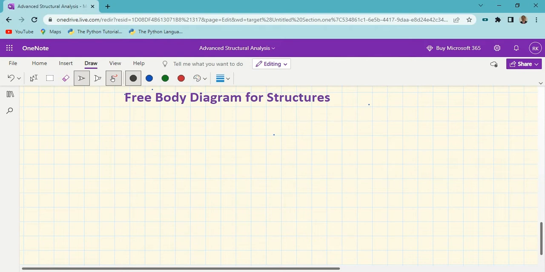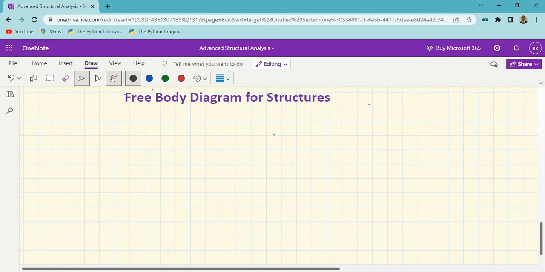If you want to plot correct bending moment diagram, we must ensure that we have plotted the free body diagram exactly according to the method. So let's understand how to plot free body diagram for some simple structures under our consideration.